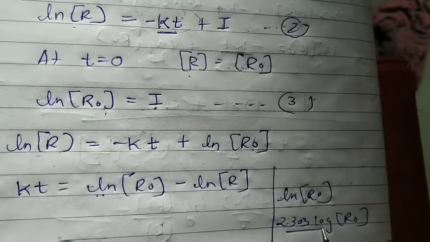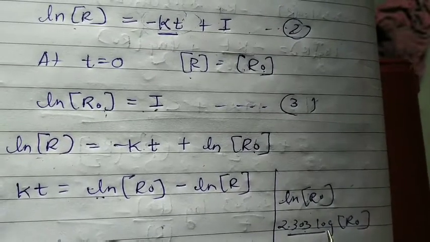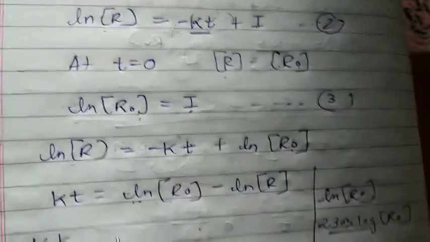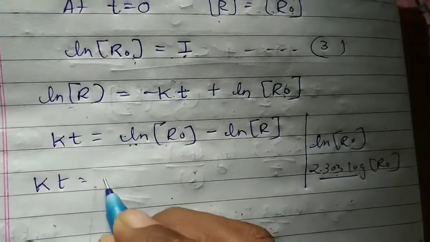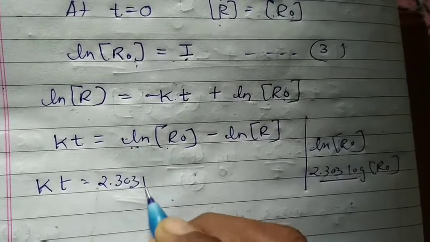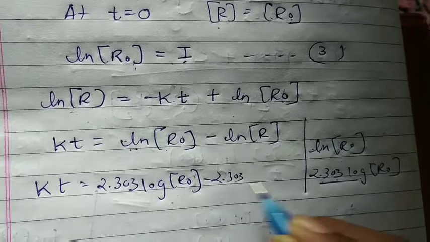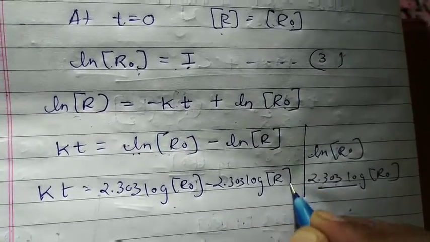Meaning of ln is 2.303 log. So we will apply this on this side. So Kt is equal to 2.303 log R0 minus 2.303 log R.